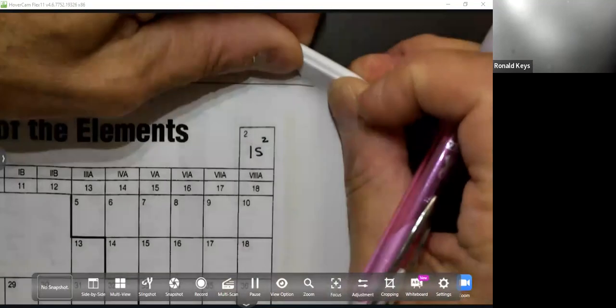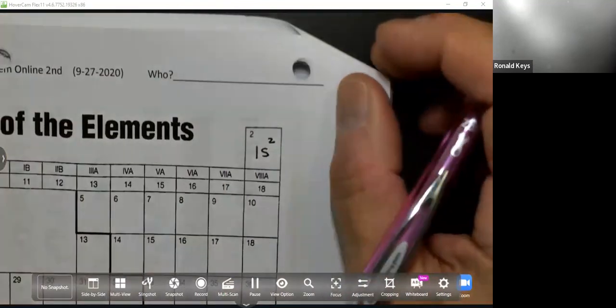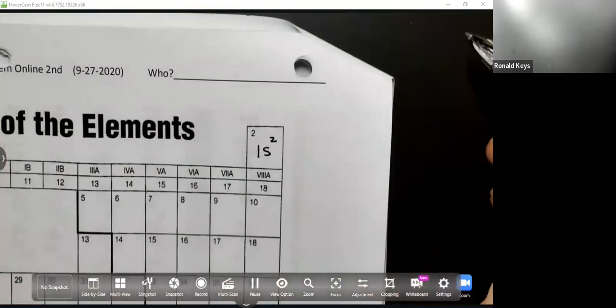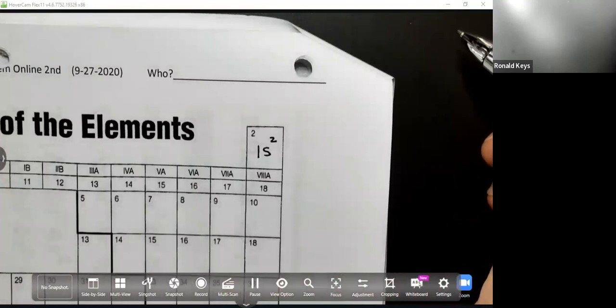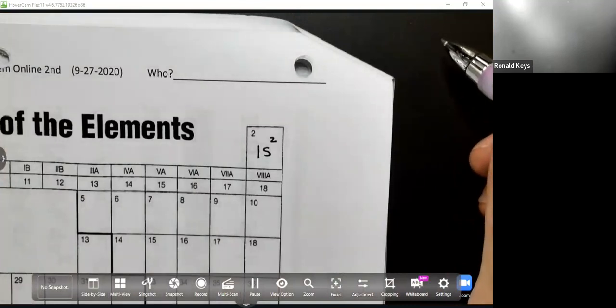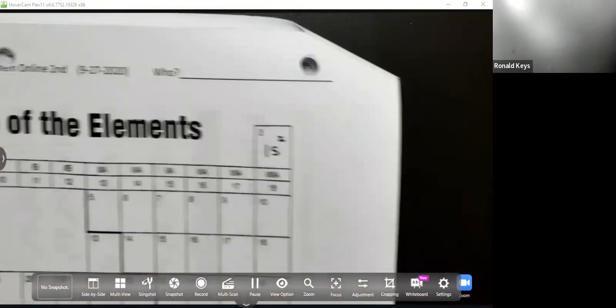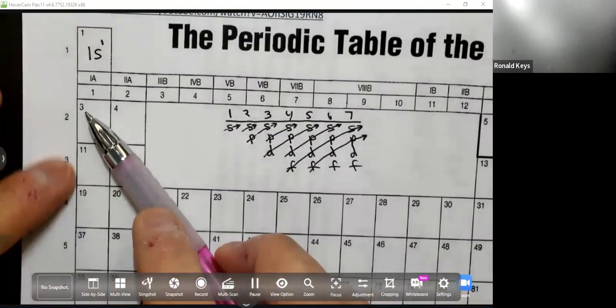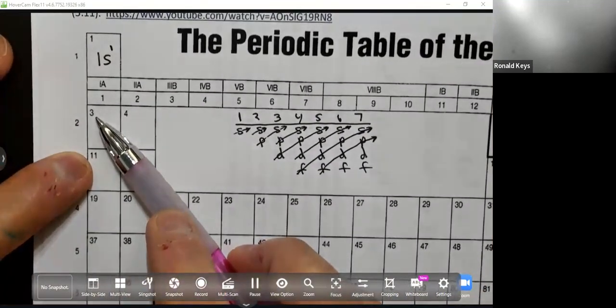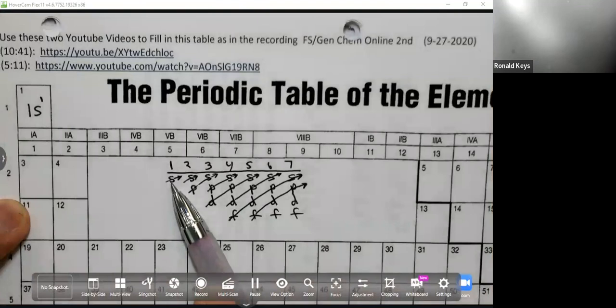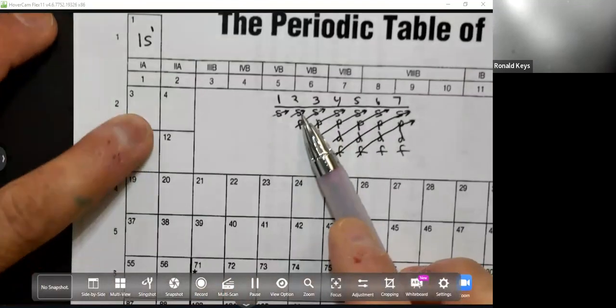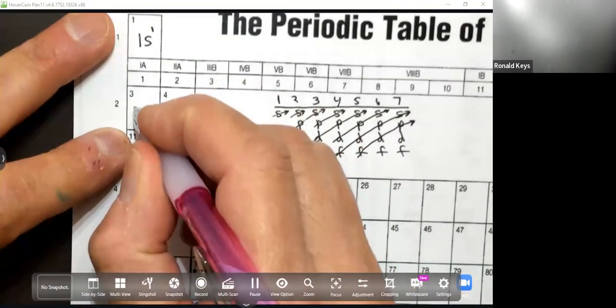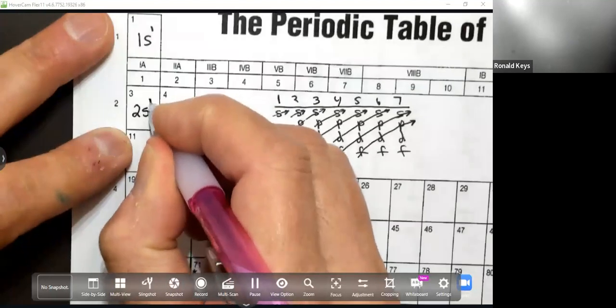Now going forward, we're only going to write down the ending electron configuration, the ending. This is lithium. It's really 1s2. 1s2 is this arrow, and then 2s1. This would end in 2s1, right?